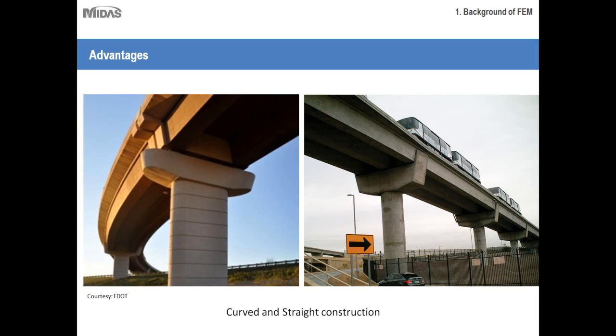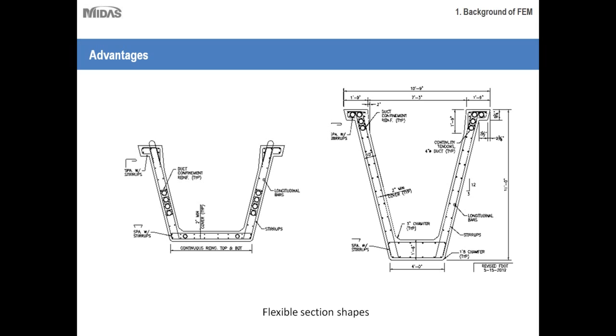It could be curved, it could be straight, and the sections are pretty flexible. And that is the biggest advantage we can get out of concrete, that we can cast it in different forms. So if you are varying your span lengths and you would like to go for a tapered section from the center of the bridge to the pier support, you can very well get that kind of configuration.